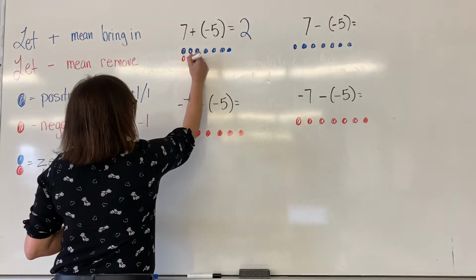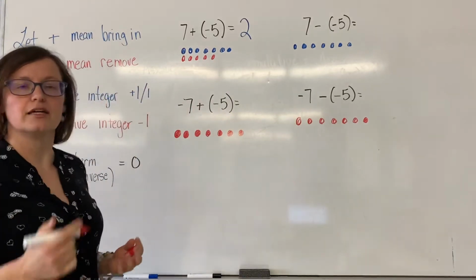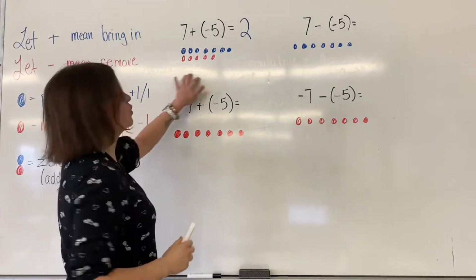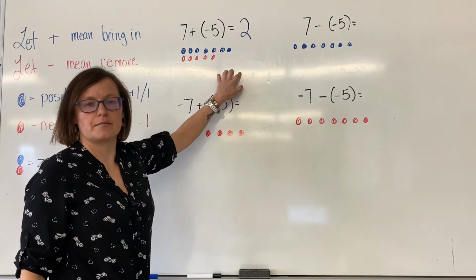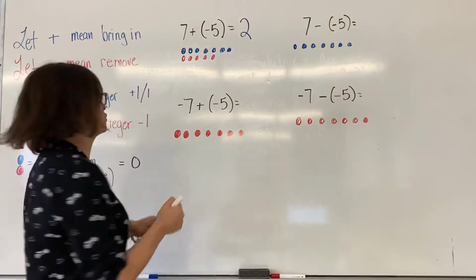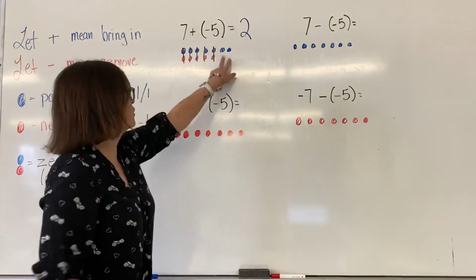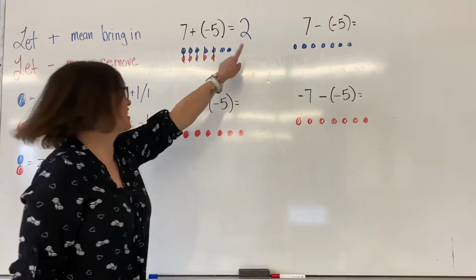So I have 1, 2, 3, 4, 5. I've brought in 5 negative integers. What have I created here? I've created zero terms, which means they have no value. They cancel each other out, and I'm left with 2 positive.